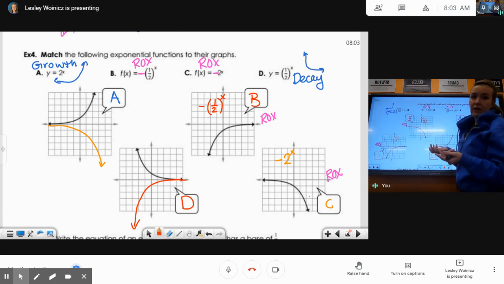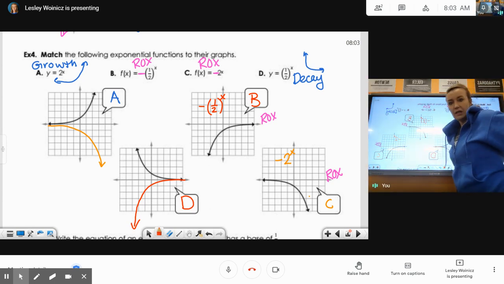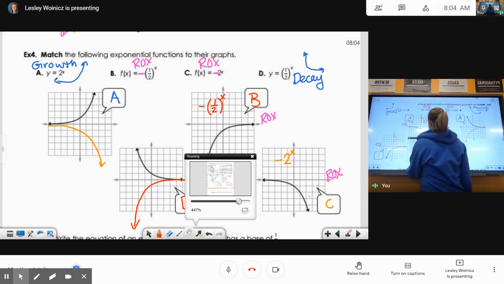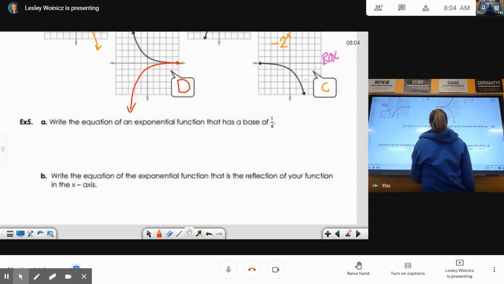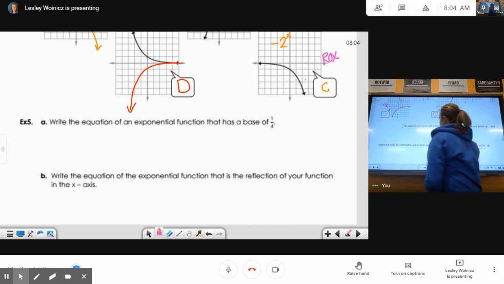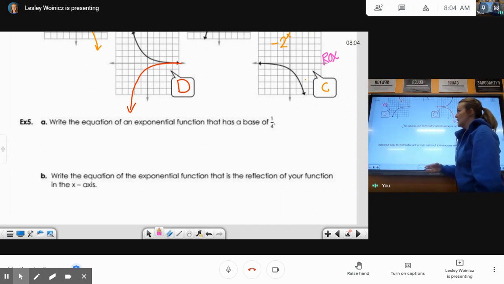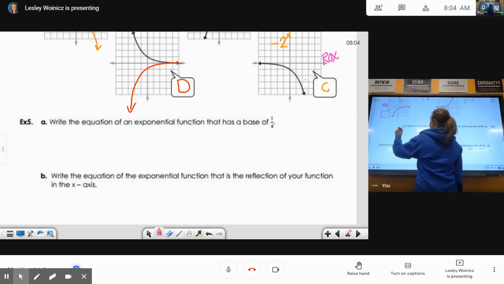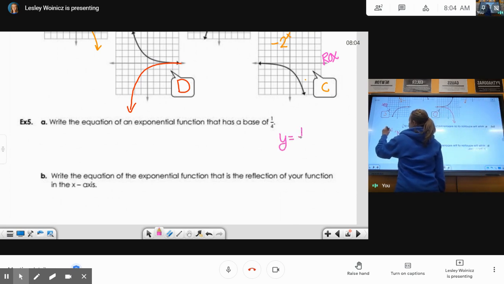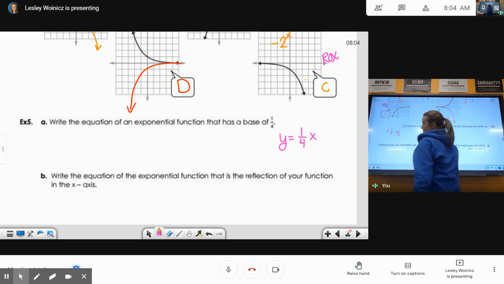That's how I would do it anyway. I would start with the non-reflected ones and then reflect them, because otherwise it gets really confusing. But it doesn't have to be. Okay, this is going to be pretty straightforward. All we have to do is write the equation of an exponential function that has a base of 1/4. We don't have any requirements for the y-intercept that we have to meet, so we can just write y equals 1/4 to the x.